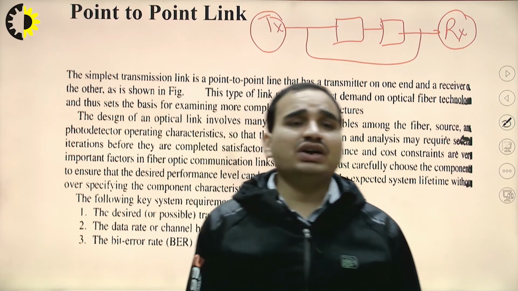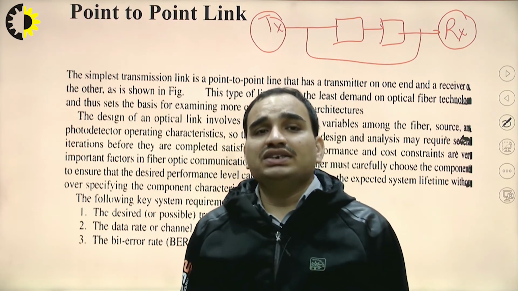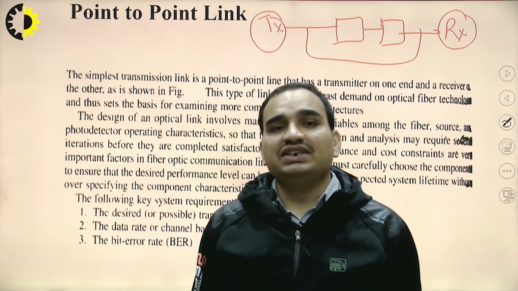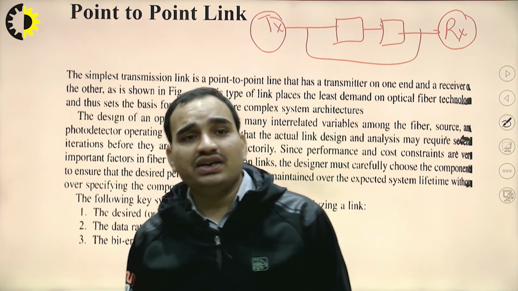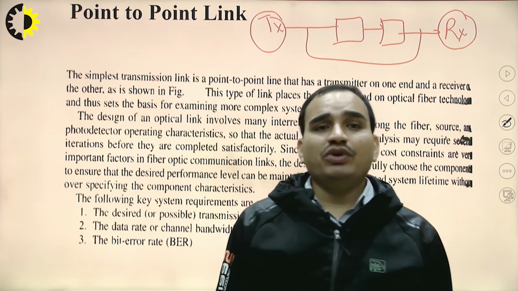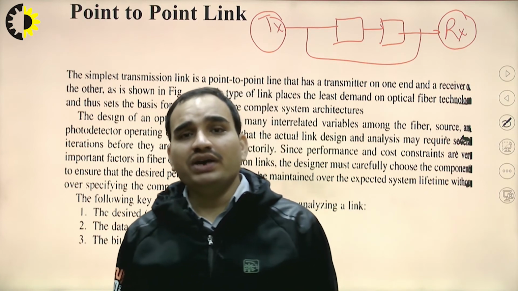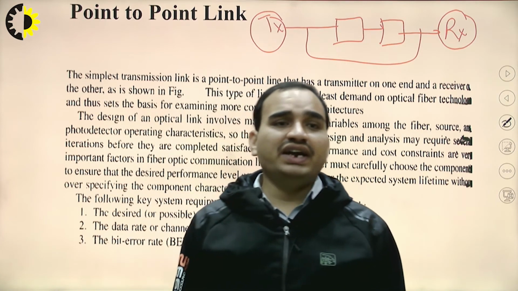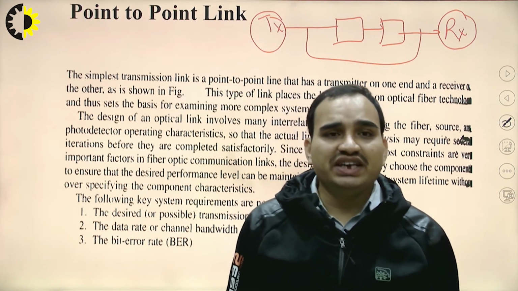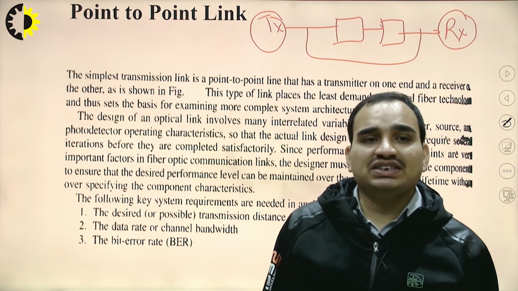The simplest transmission link is a point-to-point line that has a transmitter on one end and a receiver on the other. This type of link places the least demand on optical fiber technology, and it sets the basics for examining more complex system architectures.